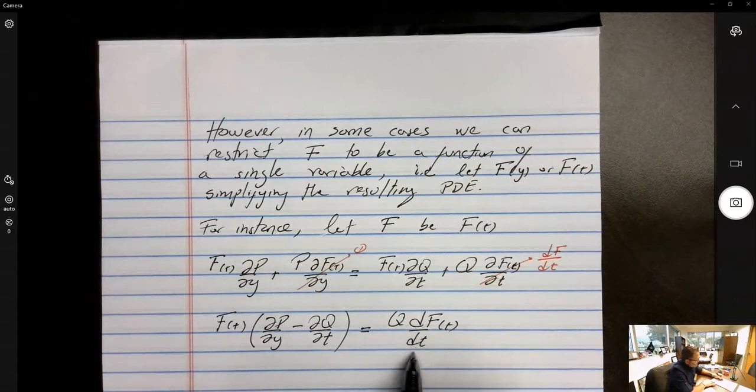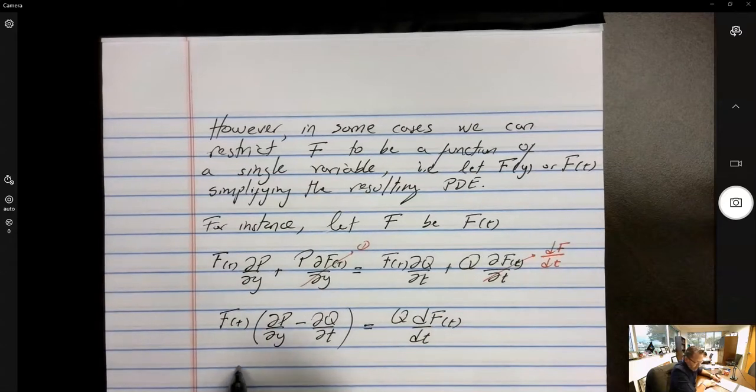And I can send this dt over to the left-hand side, right? And this q over to the left-hand side, and then try to integrate df. So I'm going to flip this and put this on the left-hand side and this whole thing on the right-hand side.